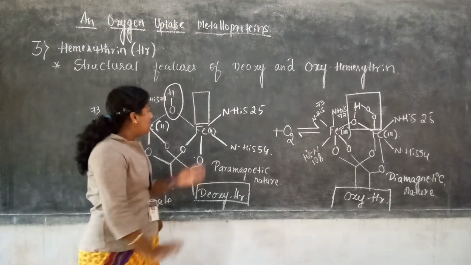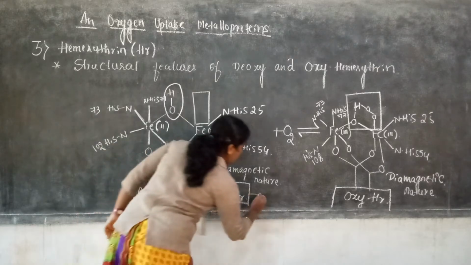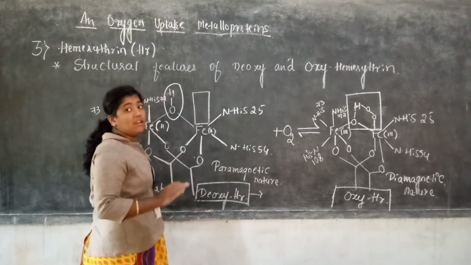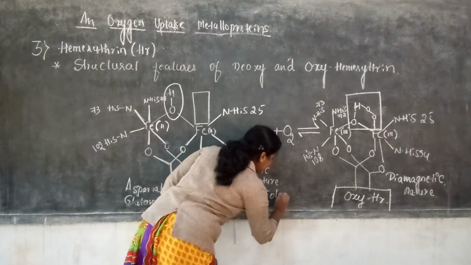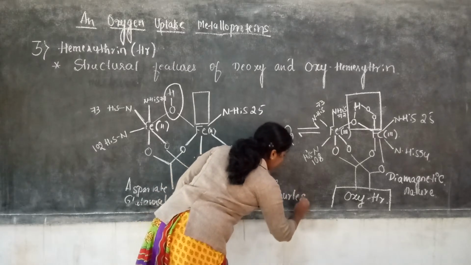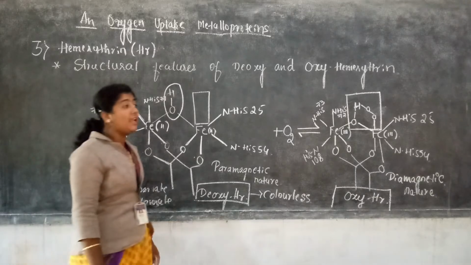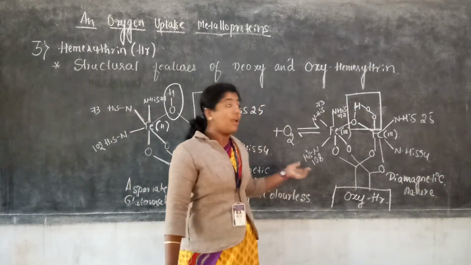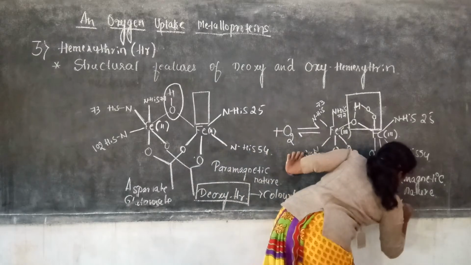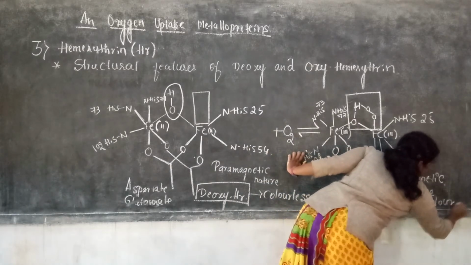Then the deoxy form of hemerythrin is colorless. Before binding oxygen, deoxyhemerythrin is colorless. Then oxyhemerythrin absorbs an intense band at nearly 360 nanometers. Then it looks violet in color.